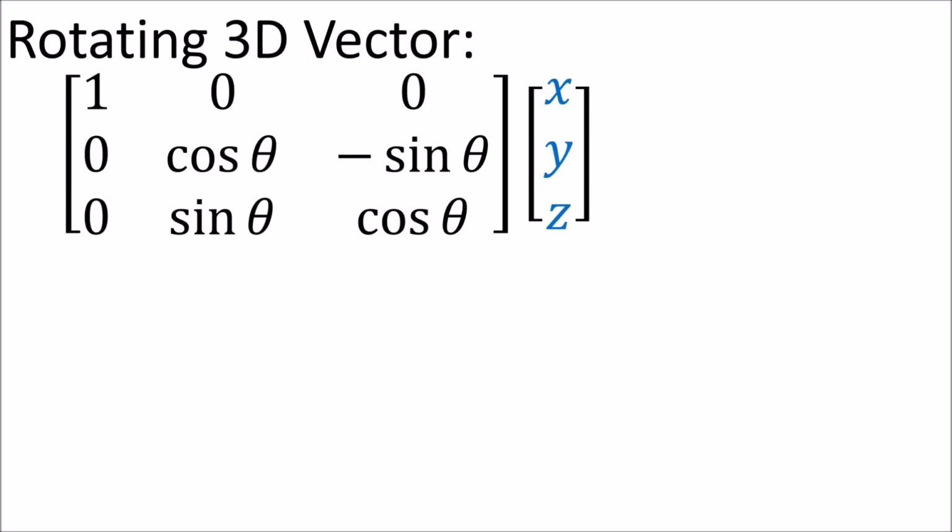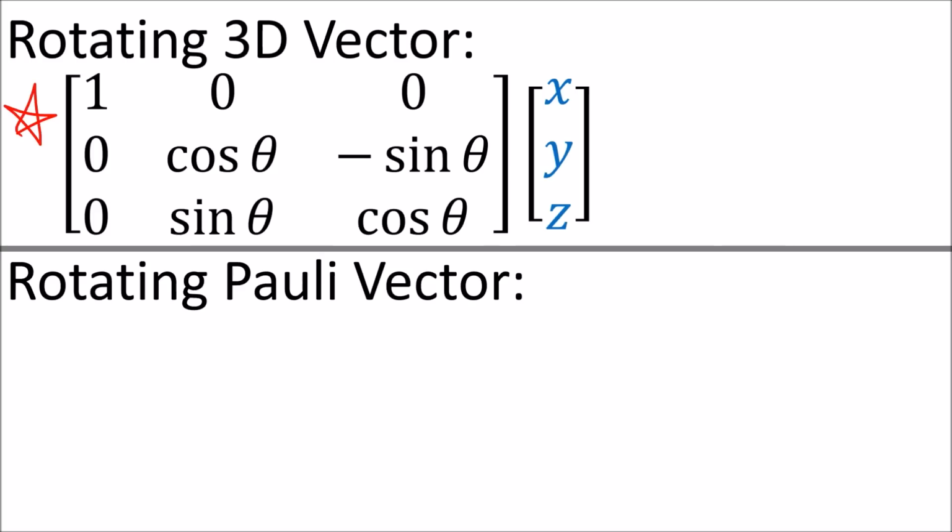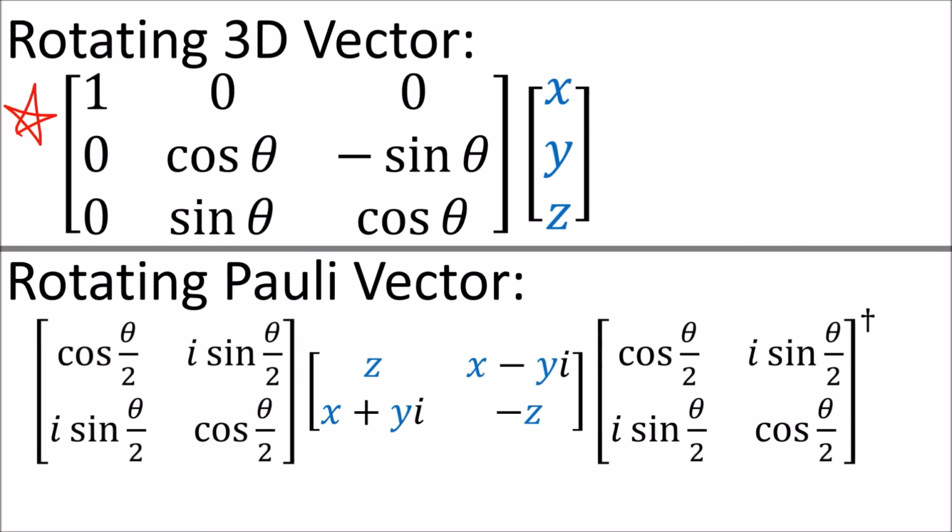Now, when we rotate a 3D vector, we usually use a 3x3 rotation matrix like this. But when we rewrite our 3D vector as a 2x2 polyvector, rotating the x, y, and z components is instead done with a pair of rotation matrices, one on each side.